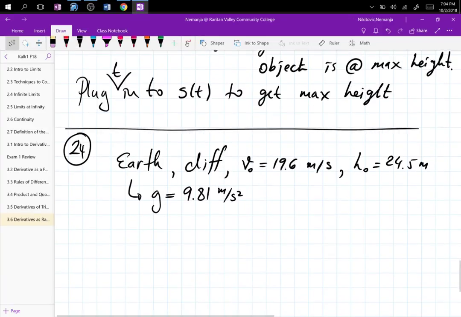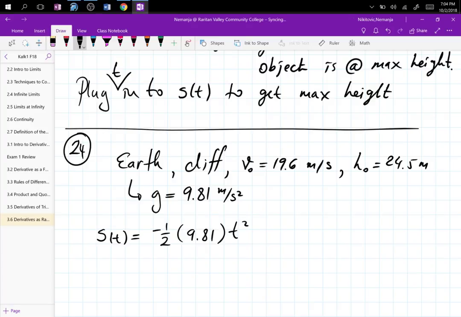Great. What is my formula? Well, I have S of t, which is -1/2 times 9.81 t squared plus initial velocity of 19.6 t plus initial height of 24.5 meters. See you next week.